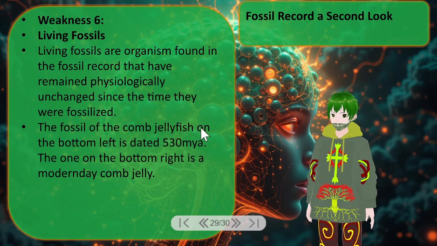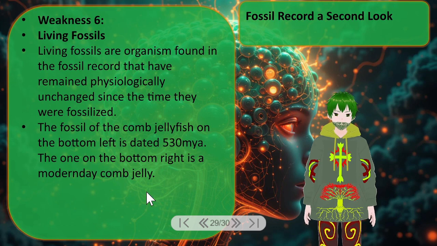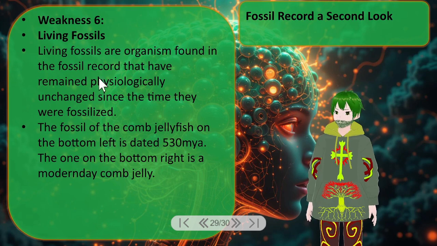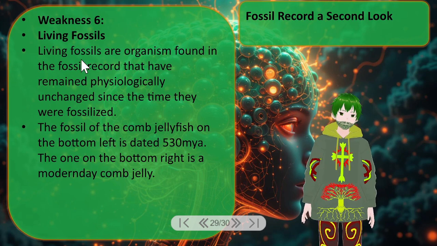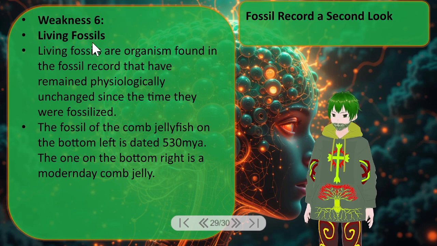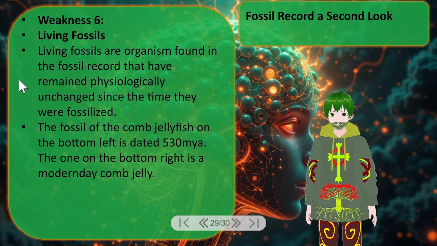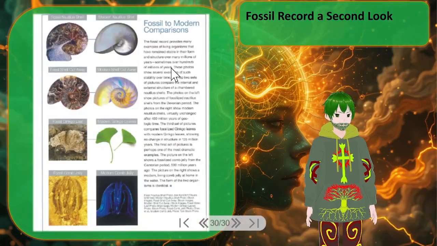Weakness 6. So the idea of evolution is that life is kind of constantly changing due to environmental pressures. Well, we have things called living fossils. The coelacanth is an example of one that I just showed you. The comb jellyfish is another one. And this is a shot from a textbook that has multiple others.